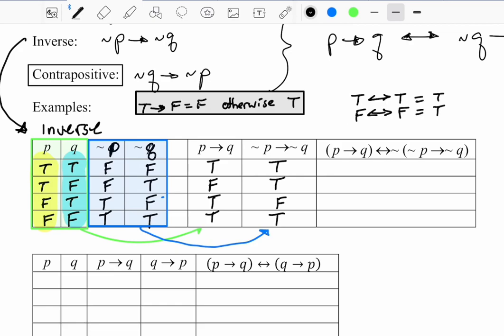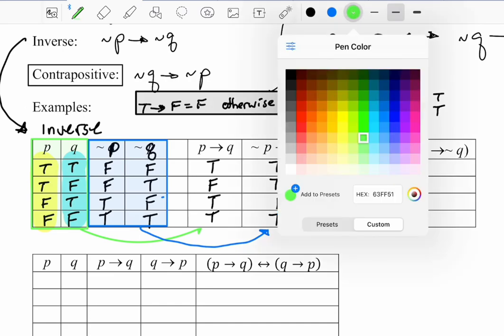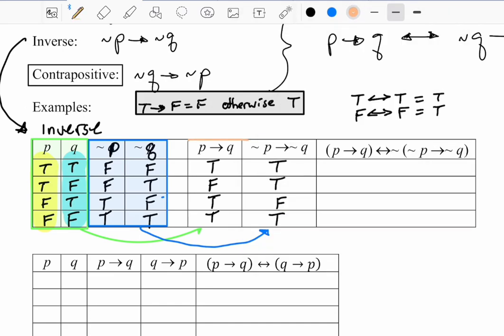I think we talked about this last time, we think of that double-sided arrow as an equal sign. So we look at the two components and say, are they the same? Yes, then it's a true sentence. Are they not the same? Then it's going to be a false sentence. Let me get an orange here, or whatever color that is.